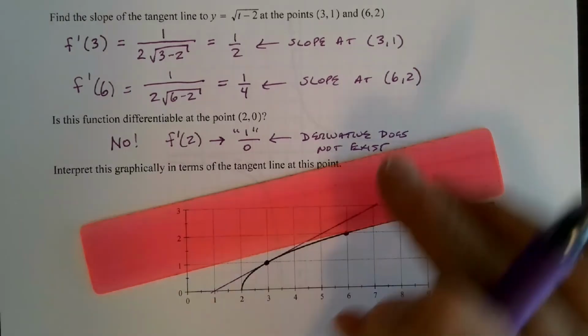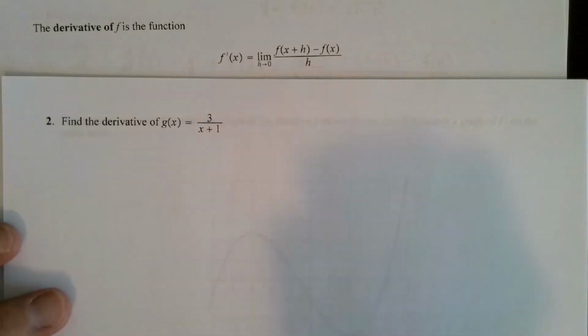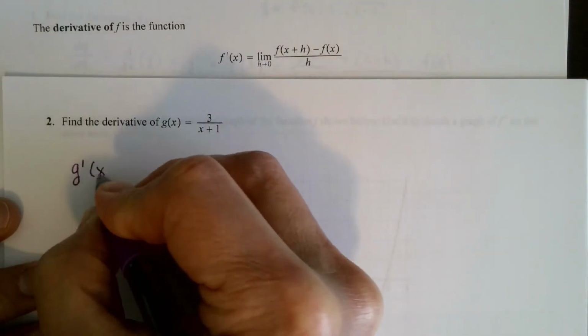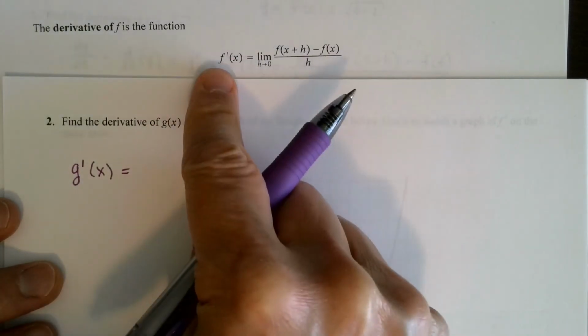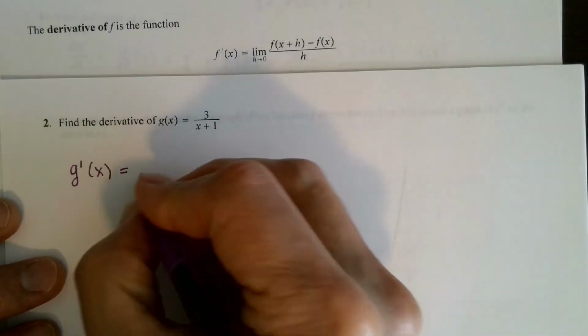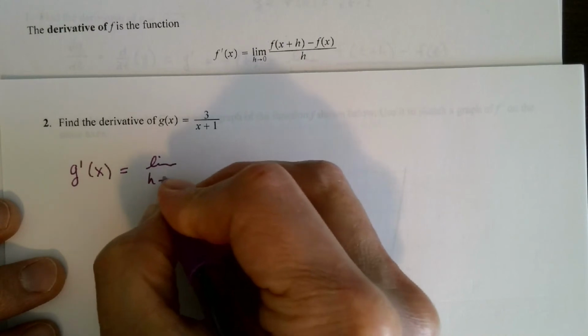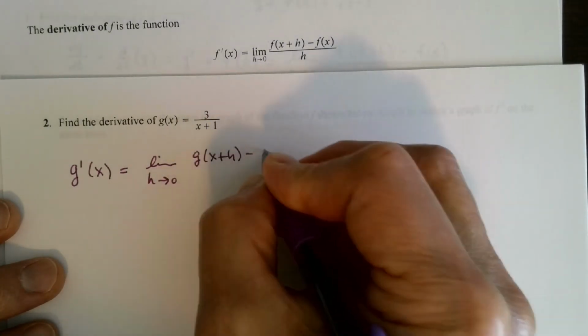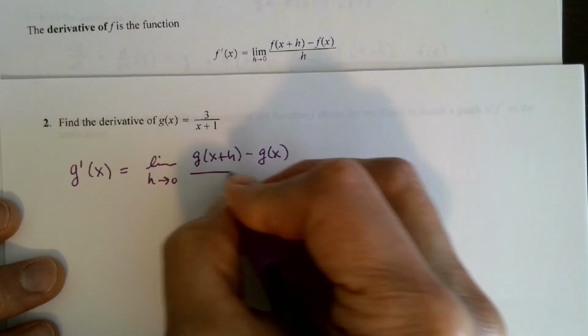Let's do one more example. Let's find the derivative of this function. So let's go right into it. Notice I'm calling this function g and not f, so we're looking for g prime. This is the limit as h goes to 0, g of x plus h minus g of x all over h.